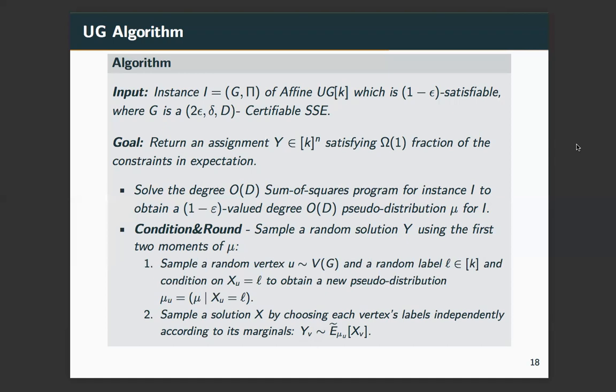So go over all the vertices and independently just sample from this conditioned distribution. So now let's see how we can use the expansion of G to our benefit.